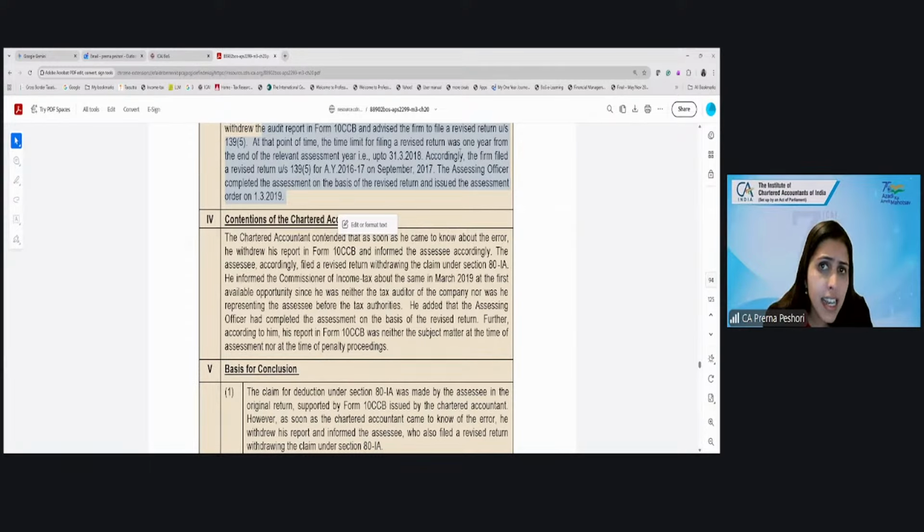So whether the CA is guilty of professional misconduct as per clause 7 of part 1 of second schedule, the answer is no. Although CA should exercise due care while issuing the audit report, if there is some error, he has withdrawn it and he has immediately brought this to the notice of the assessee also. So in this particular case, he is not guilty of any professional misconduct. So are you seeing the difference that brings in respect of this? Okay. Let's look at the next case study.